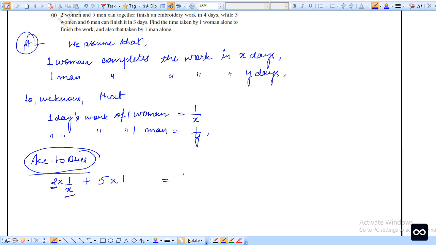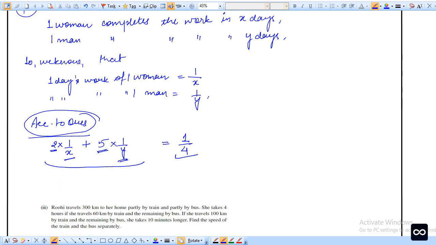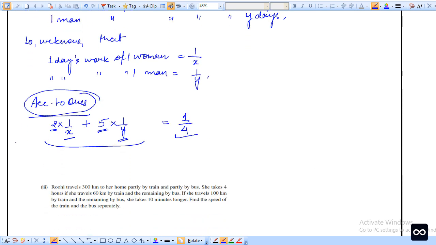And if we multiply it by 1 by Y, this will be 1 day's work of five men, right? And what is this 1 by 4? This is combined. Two women and five men can complete the same work in 1 by 4 days. I hope we are clear up to here. And the same way we can form the second equation as well.